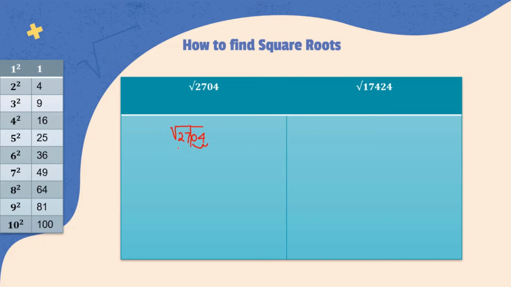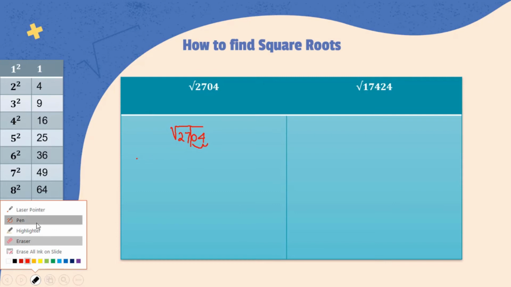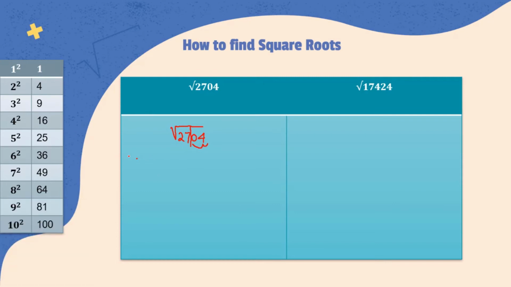In the front number 27, you have to find a number times itself that is less than or the same as 27.